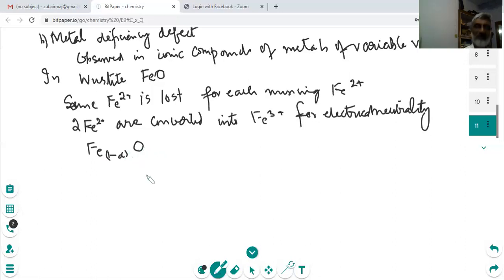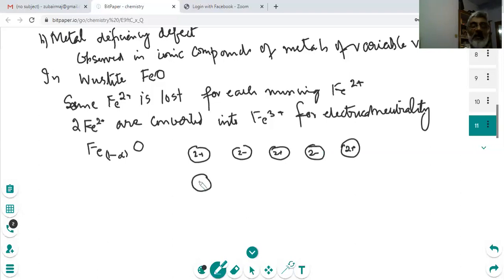So what happens? We can picture this: Fe2+, O2-, Fe2+, O2-, Fe2+. Now you have again O2-. Now here something is missing. One Fe2+ is missing.